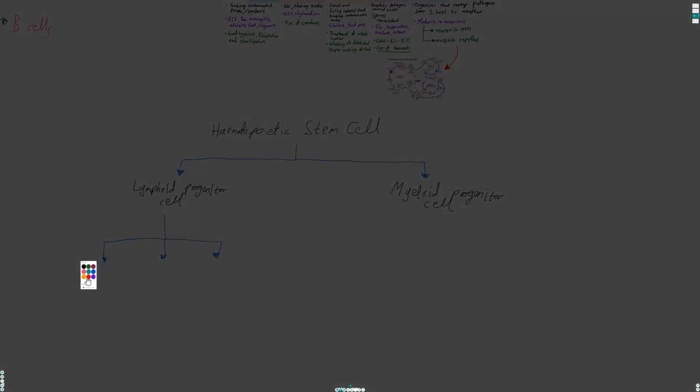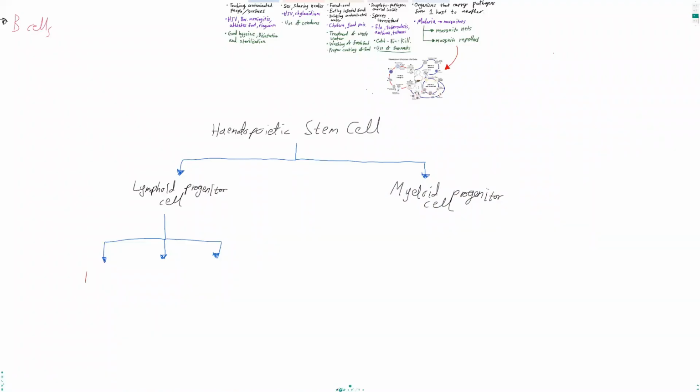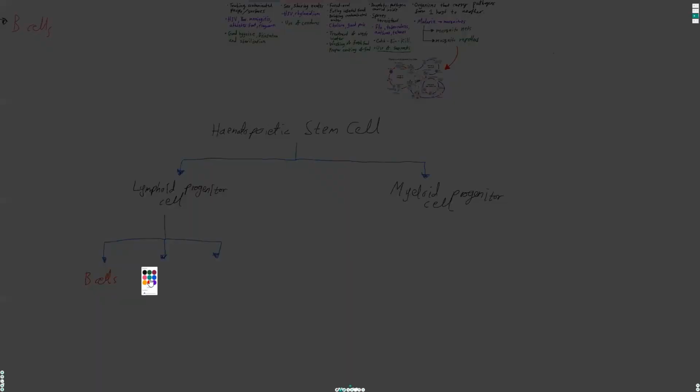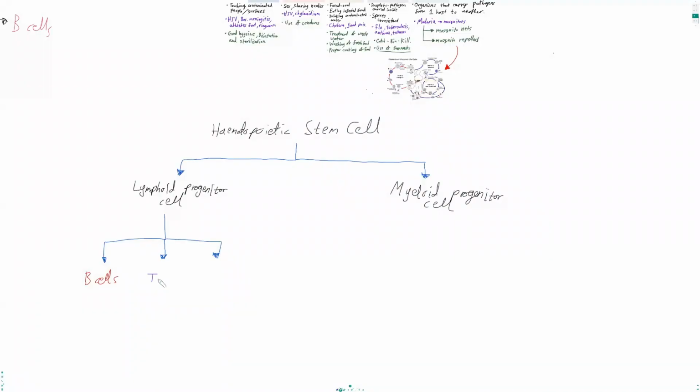We have here the B cells, the T cells, and the NK cells, otherwise known as natural killer cells.